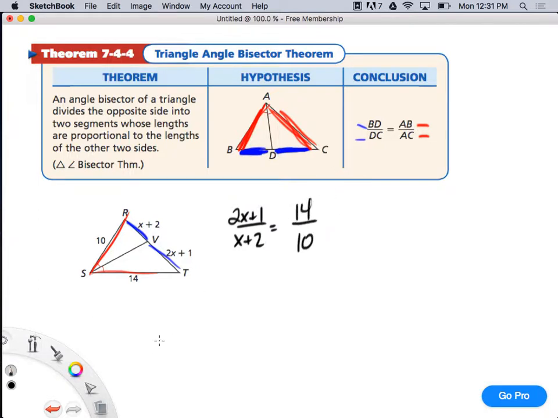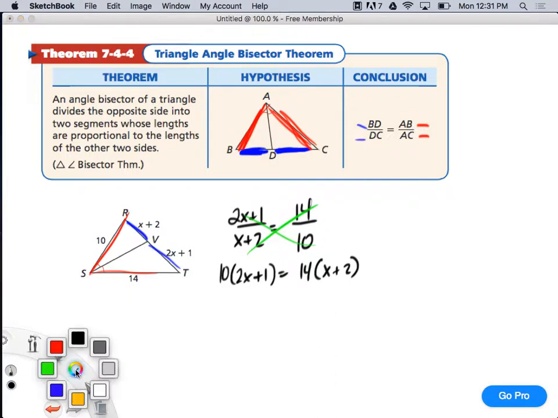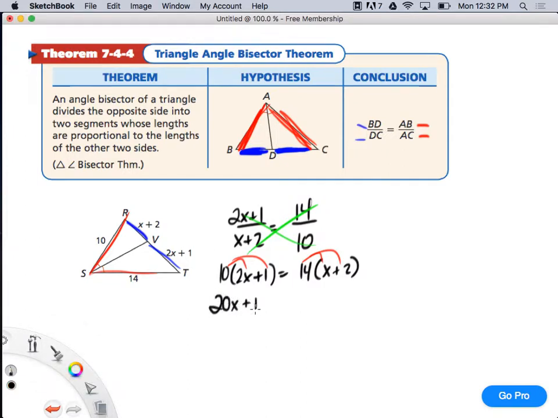Now I cross multiply. So it becomes 10 times 2x plus 1 equals 14 times x plus 2. Then I distribute, so it becomes 20x plus 10 equals 14x plus 28.